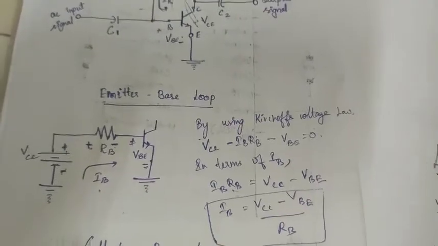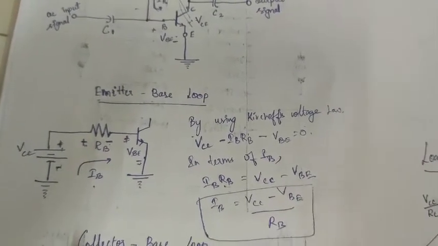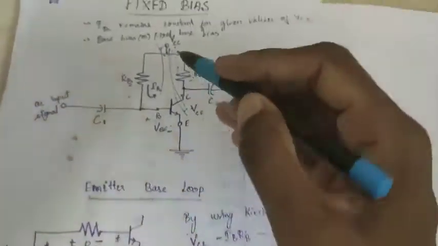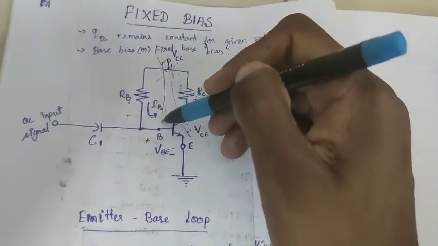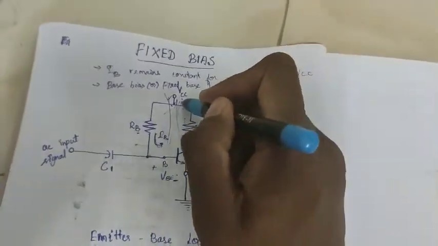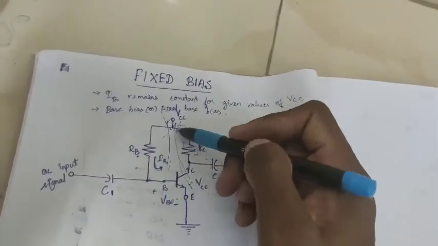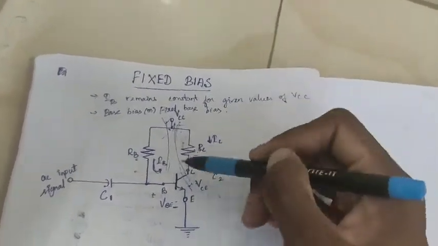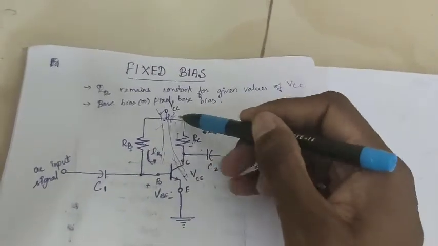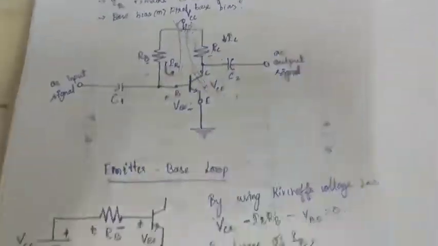First, when we are looking at the emitter base loop, I am just considering this base portion alone. VCC is common to all, that is base and collector, so we have to consider VCC, RB and VBE alone and don't consider this region. That is why I marked here.